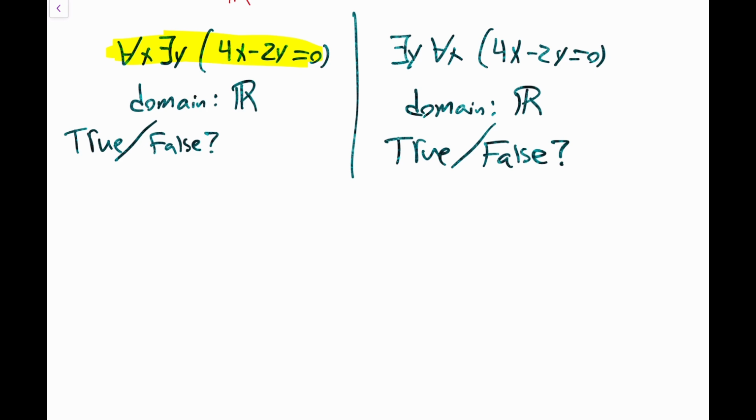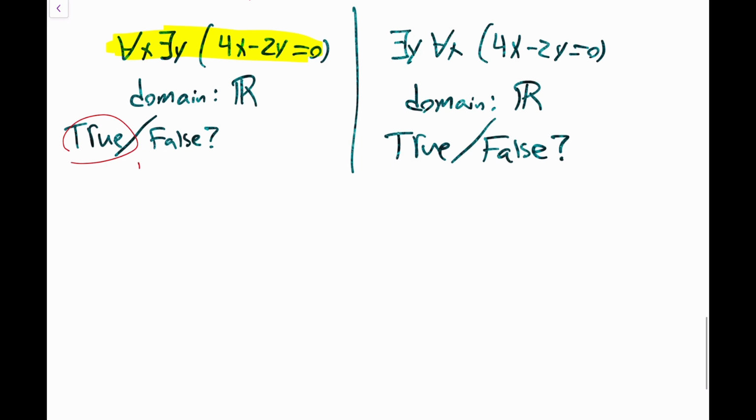So here we have, for all x, there's some y where that statement is true. And that has to be true, right? Because consider the function 4x minus 2y is equal to 0. And we can just solve for x, for example. So 4x is equal to 2y. So x is equal to 1/2 y.